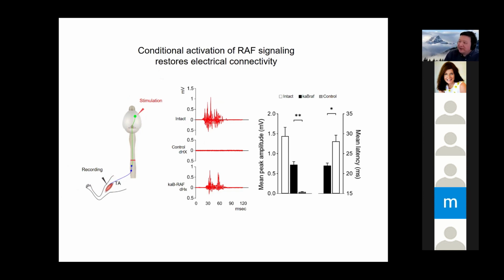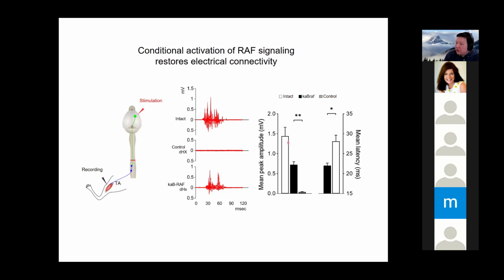You see how these signals look under normal circumstances. In the control mouse, 6 weeks after spinal cord injury, no signal can be detected, which means no information can be sent from the brain to the muscle. But in a mouse expressing activated BRAF, strong signals can be detected in the muscle 6 weeks post-injury.